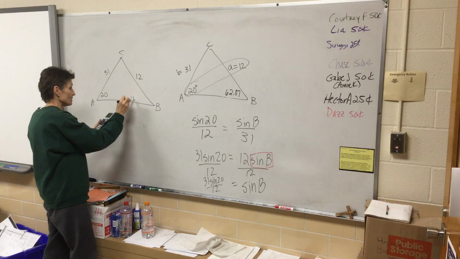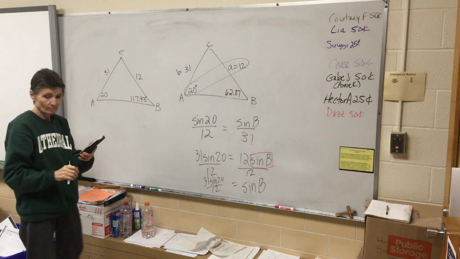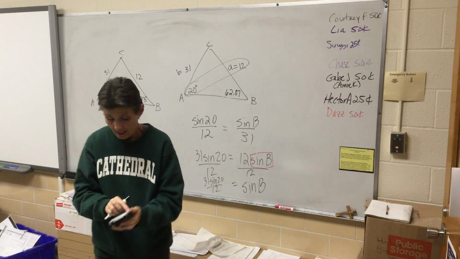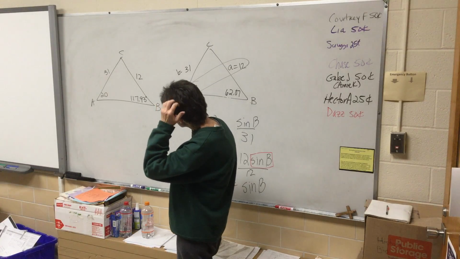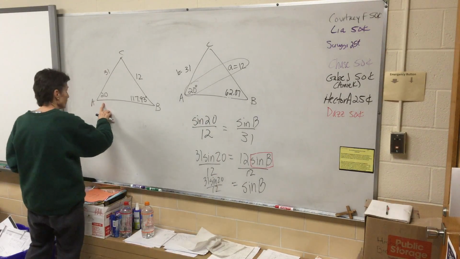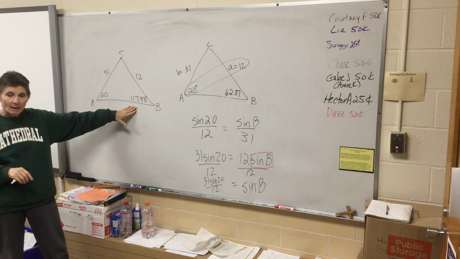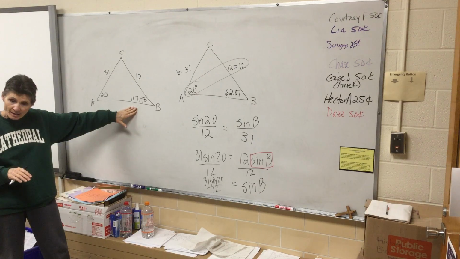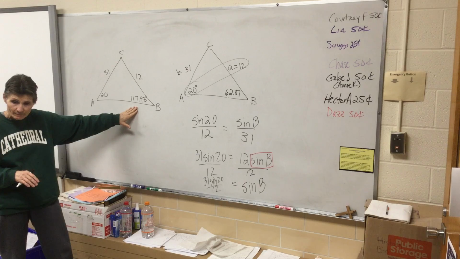That would be 117.93. And then look at this triangle and say, can I have a 20-degree angle and a 117-degree angle in my triangle? And the answer is yes, because these are less than 180, right?